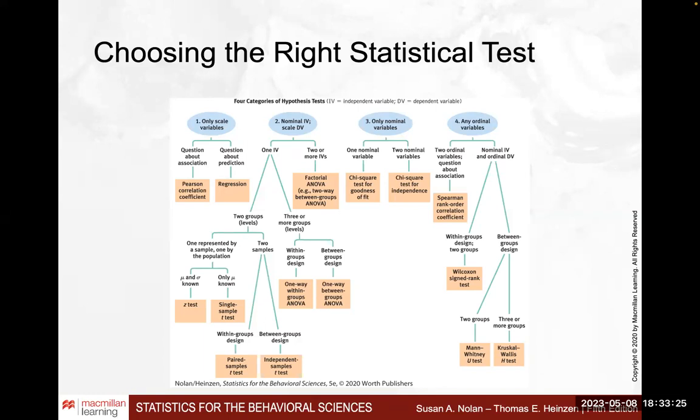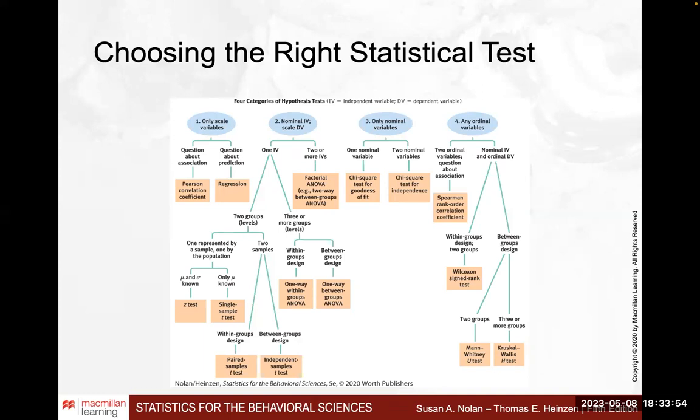Then you have nominal independent, ordinal dependent variable with a between groups design of two groups. That's the Mann-Whitney U-test, the non-parametric brother of the independent sample t-test. And last but not least, three or more groups, three or more levels of the independent variable, gets you the Kruskal-Wallis H-test, the non-parametric brother of the ANOVA.